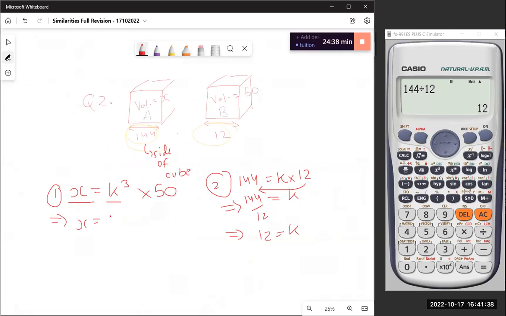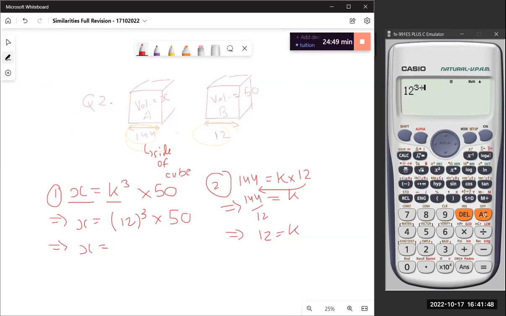So I'll put this 12 in the first equation. X is equal to 12 cubed into 50. So what is X? Tell me the answer. I'm waiting for the answer. And all the answers should be in the chat, by the way.